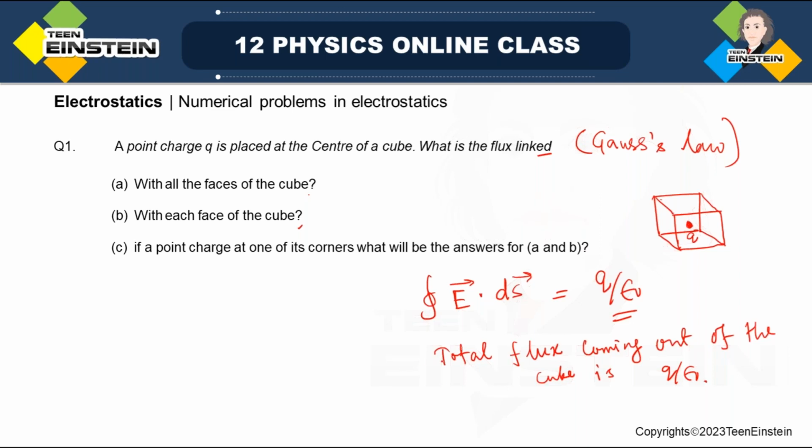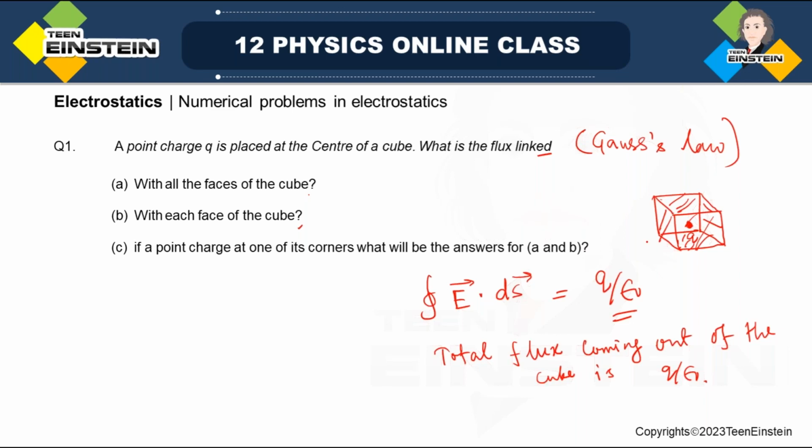This is the first part, the principal idea of what we know from Gauss's law. Now, you know, there are 6 faces for a cube.